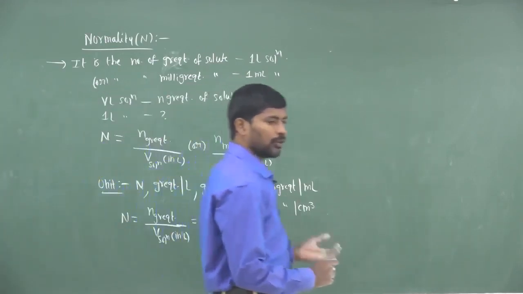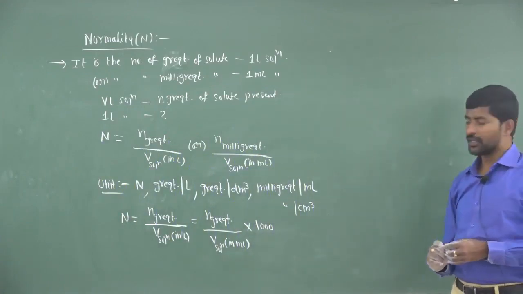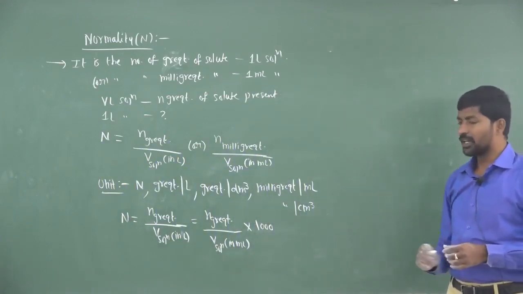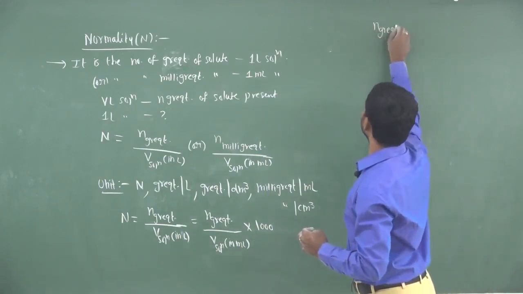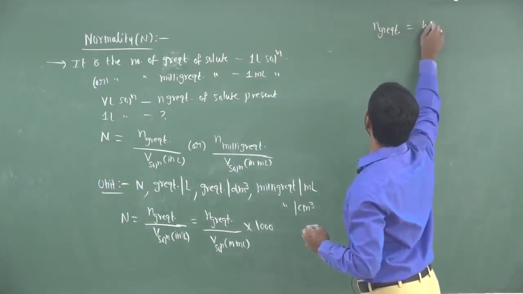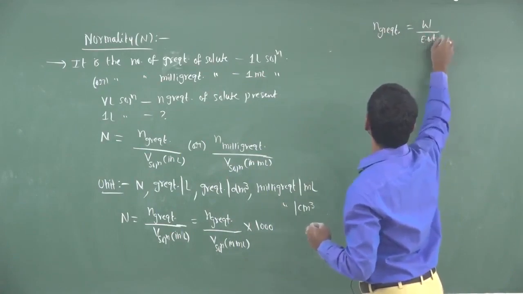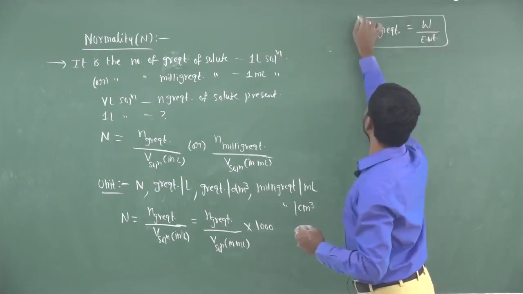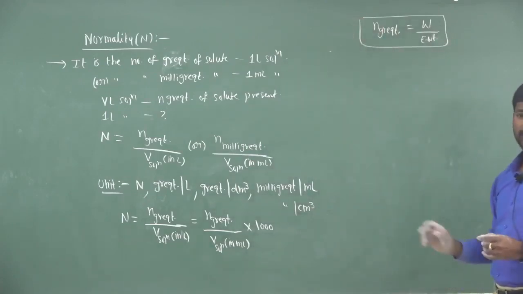Number of moles we can write as weight by molecular weight. Similarly, number of gram equivalents we can write as weight by equivalent weight in grams.